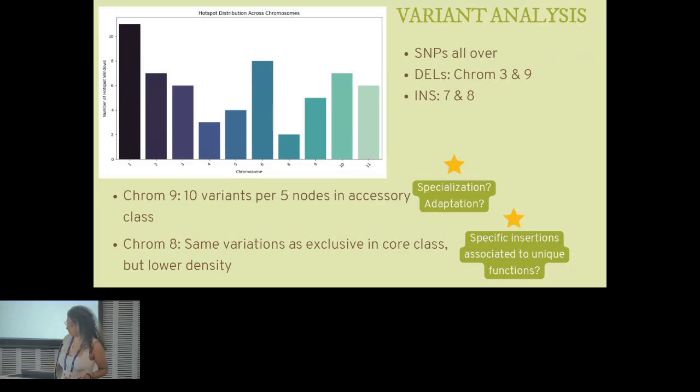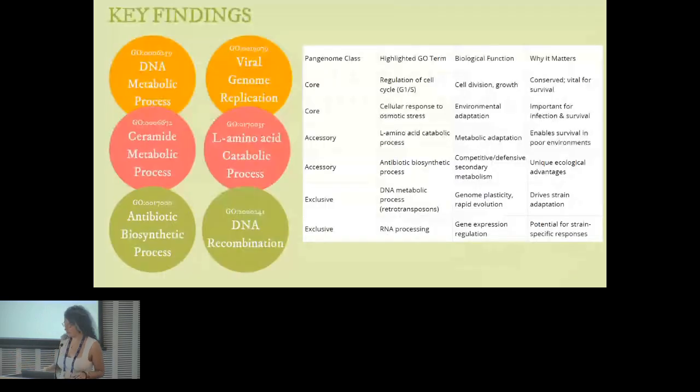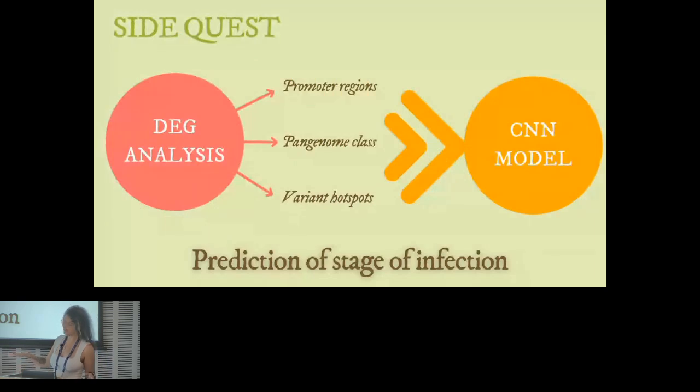So yeah, as I said, I'm running out of time, but we have a lot of interesting GO terms and interesting protein domains as well that can be explored further to understand this fungus. And then we have this little side project. We want to enter the machine learning group, right?